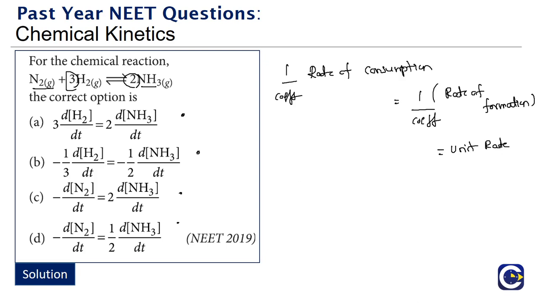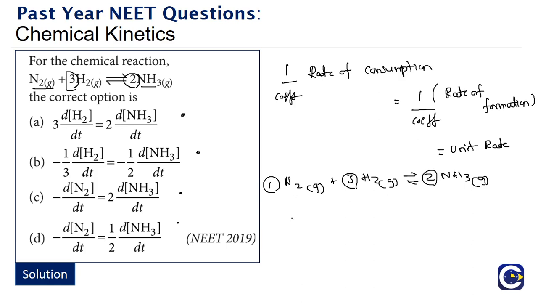So if you look at the given reaction, we have N2 gas plus 3H2 gas gives 2NH3 gas. Here the stoichiometric coefficient is 1, here it is 3, here it is 2.